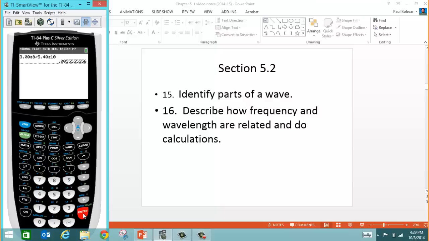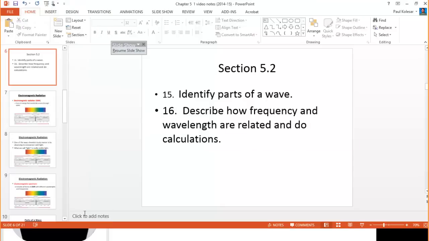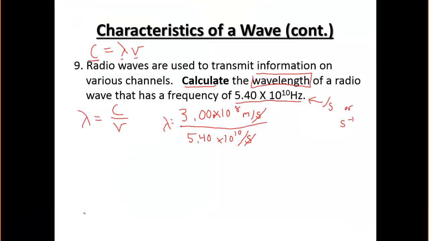And we get about 0.00555 repeating. We want one more zero in there, 555 repeating, and our units left over are meters. Since we're calculating a wavelength, meters is what we'd want to see there.